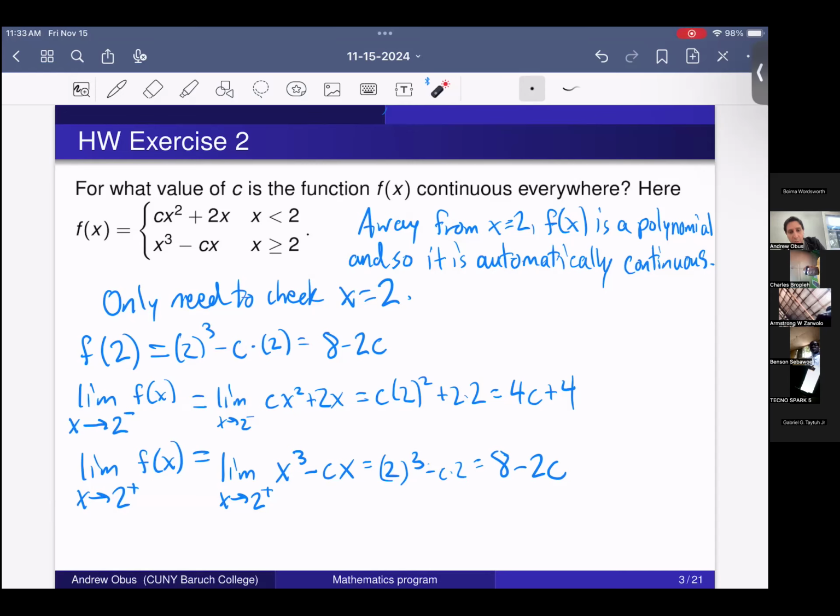What equation do we need to write down? By equating the two values, the left side to the right side. Yes, 4c plus 4 and 8 minus 2c. Exactly. So we set these equal to each other.